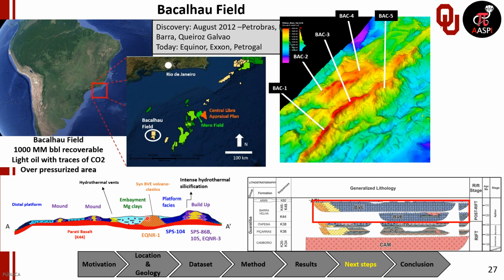We have the occurrence of volcanoes, volcanoclastic edifices related to this magmatism, the later phases of this magmatism. So they form mounds, and in terms of seismic amplitude they are very similar to this one. But this produces nothing, no reservoir at all, and here they are very productive.